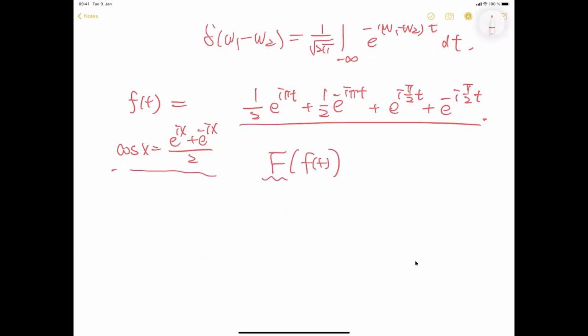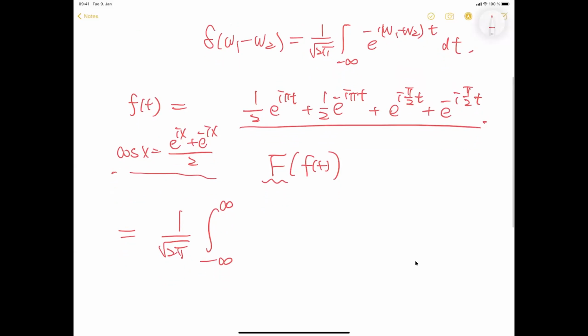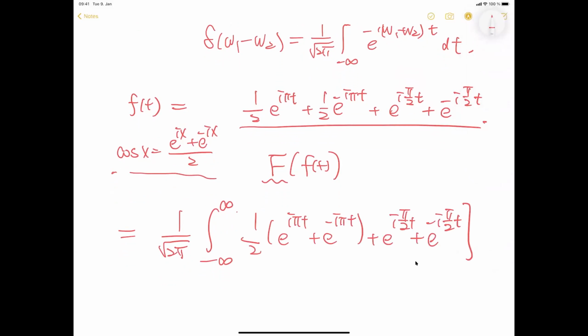The definition of the Fourier transform is 1 over square root of 2 pi, integrating from minus infinity to plus infinity, with the function here, 1/2 exponential i pi t plus exponential minus i pi t, and exponential i pi over 2 t, times exponential minus i omega t dt.